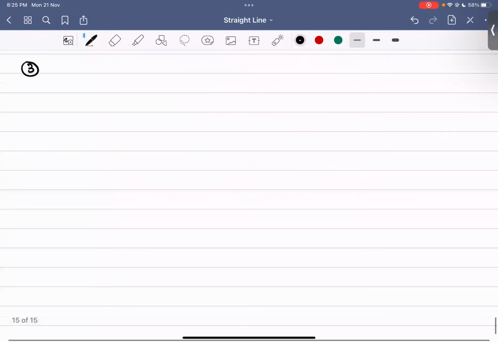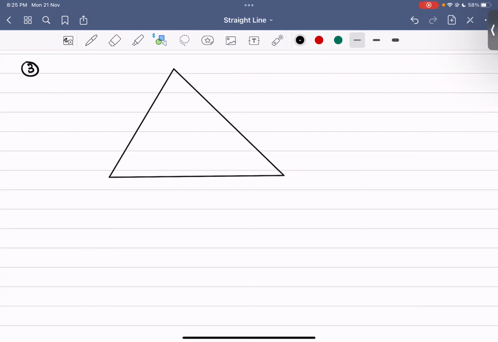Yeah. Next point is, see, you take any triangle. So this is the triangle ABC. M1 is the midpoint of AB, and M2 is the midpoint of AC.